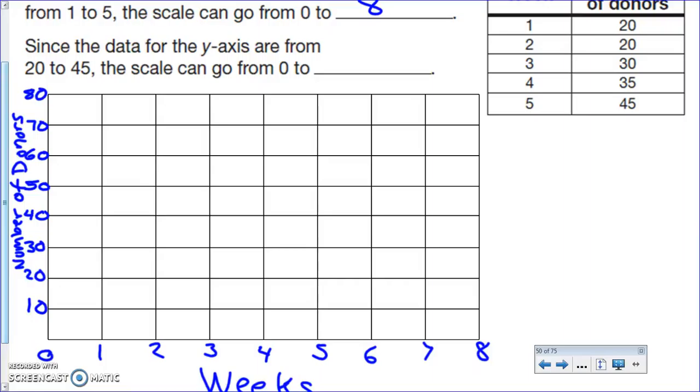Now we're ready to plot our data. So for week 1, we have 20. So we're going to go over to 1, go up to 20, and put a dot where those two lines cross. Then for number 2, we also see it's 20, so we're going to do the same thing.